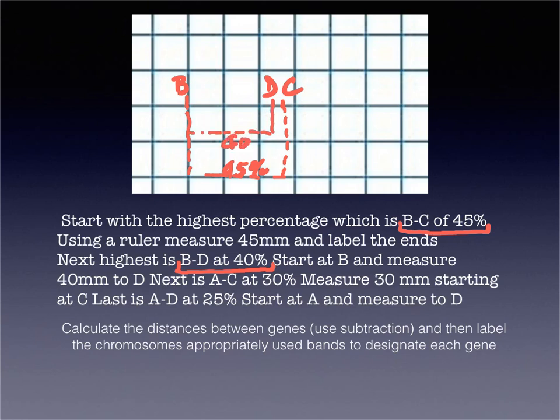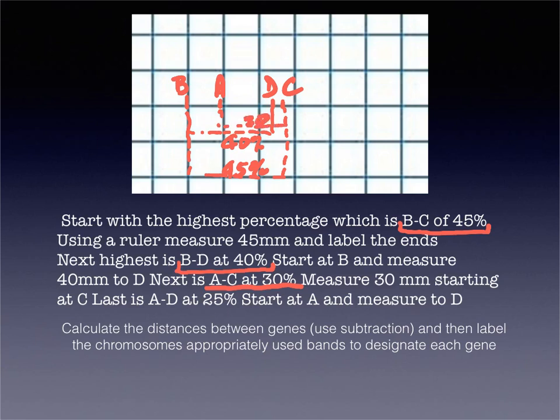And that's 40%. Next would be AC, which is 30. So in this case, we're going to start at C and measure 30 to the left, which would put us at A. So that's 30.